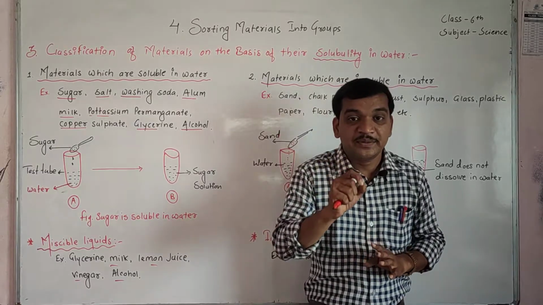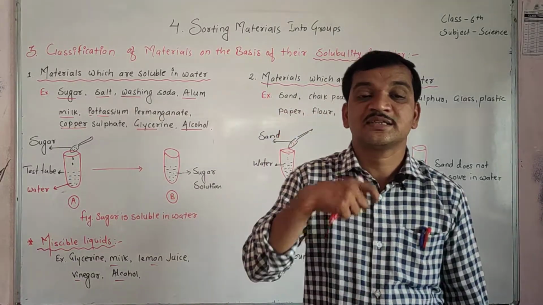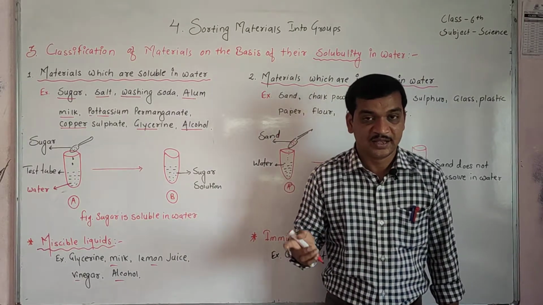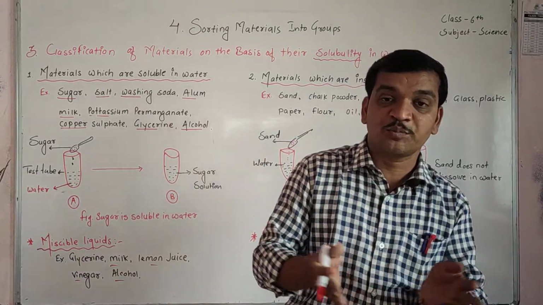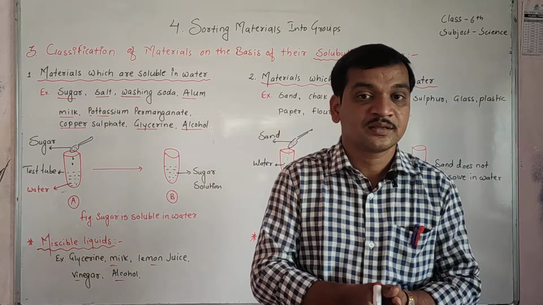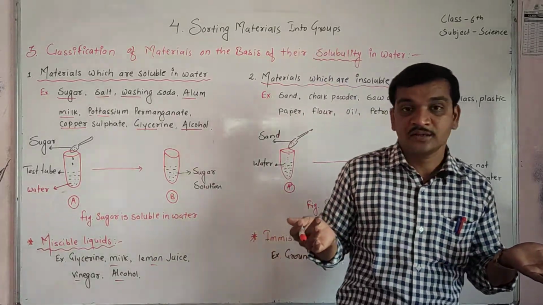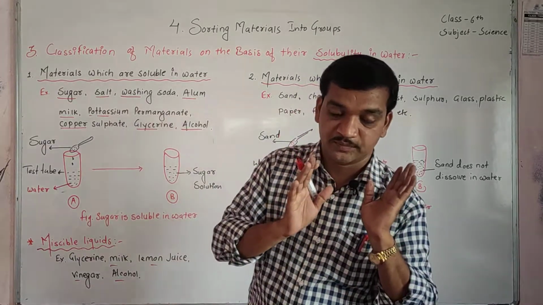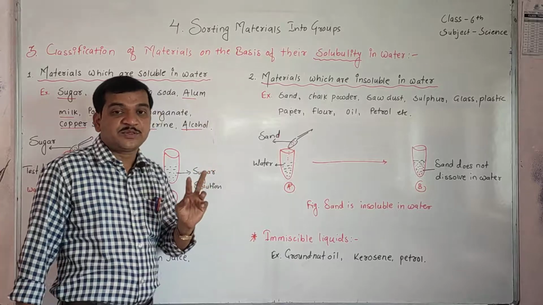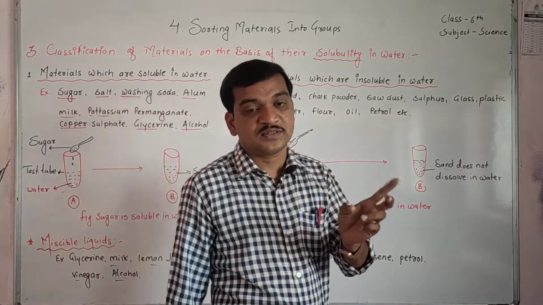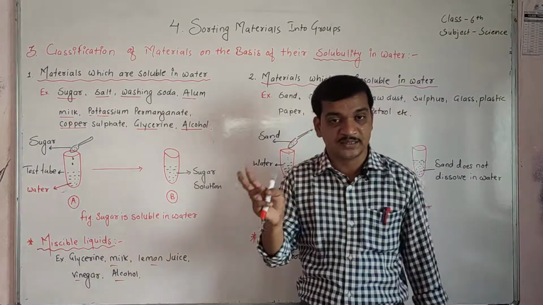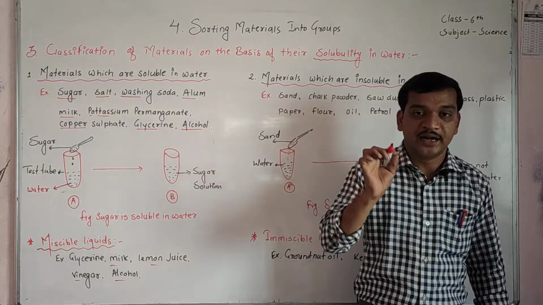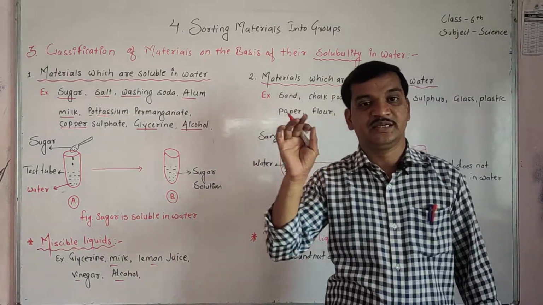That's why aquatic animals get dissolved oxygen through water, and microscopic plants like algae require carbon dioxide to make their own food, which they get from the water. These are the two examples of gases dissolved in water: oxygen and carbon dioxide. Two gases do not dissolve in water: nitrogen and methane.